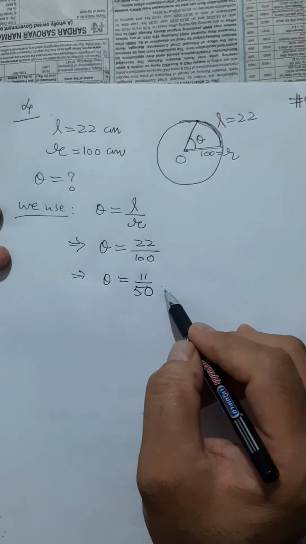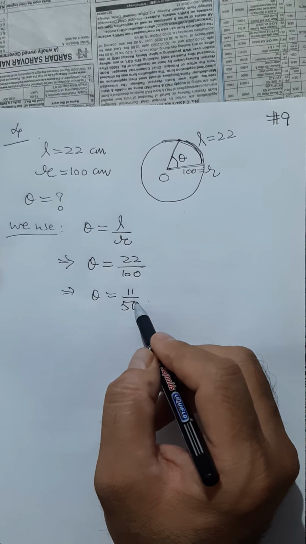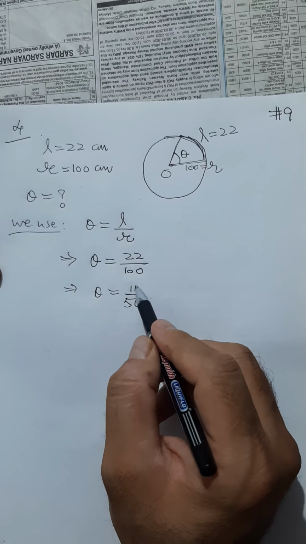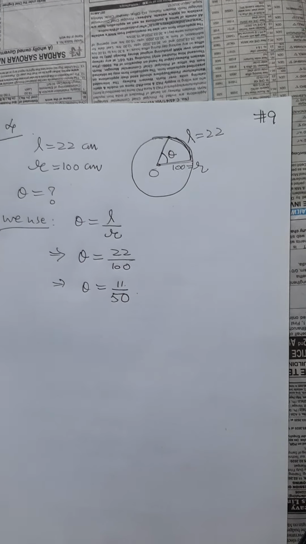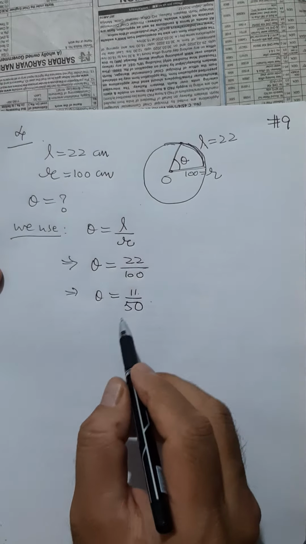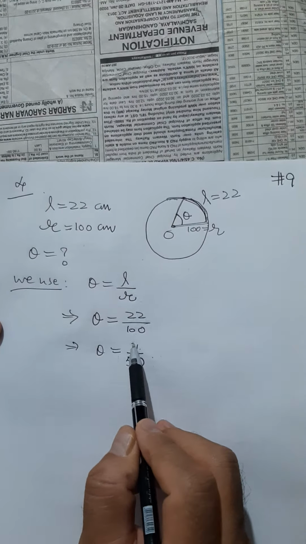Now here, this is a radian measurement of an angle, but in the question you are asked for the degree measurement of an angle. So now this is nothing but your question number 2, just to convert this into degrees.